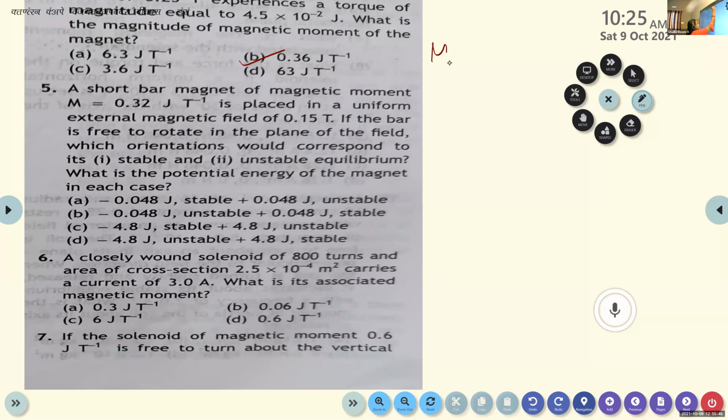Magnetic moment is given, M is equal to 0.32 joules per Tesla. Magnetic field B is equal to 0.15 Tesla. Find the equation for potential energy and solve the problem for the stable state and unstable state.